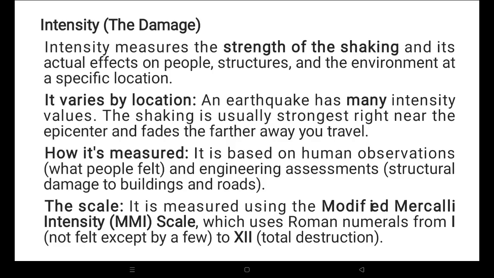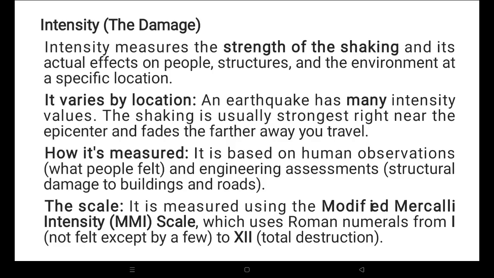So this is the scale of the intensity. How is it measured? It is measured by the Mercalli intensity scale, and it is denoted by Roman numerals from 1 to 11.